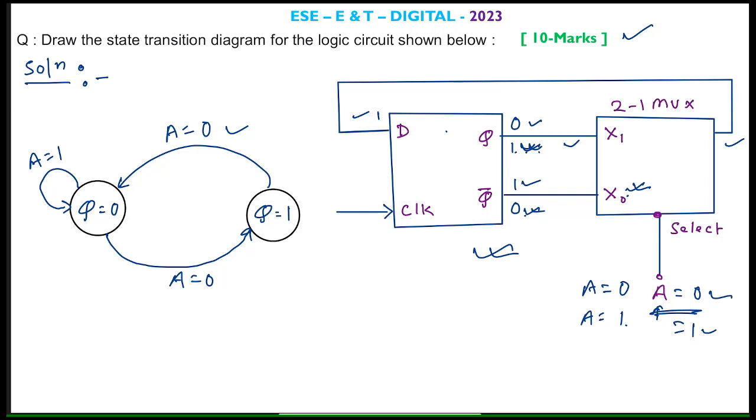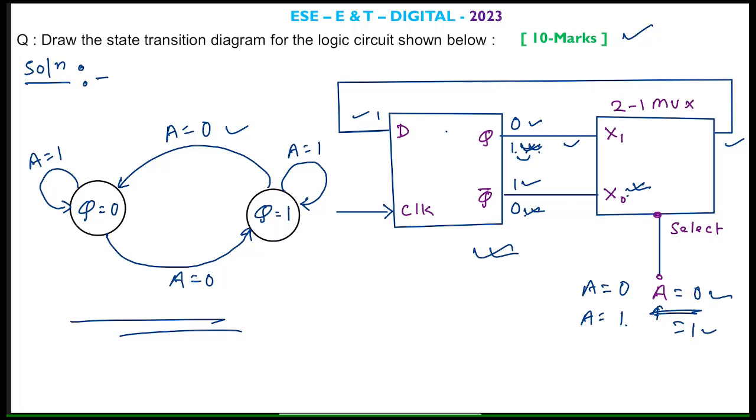It is already in state 1, so it will retain the same state. So if A is 1, there is no change in the state, and this way the state transition diagram can be drawn corresponding to this figure.